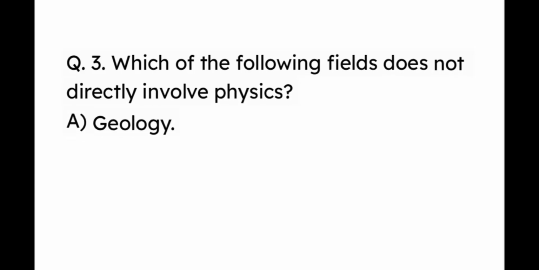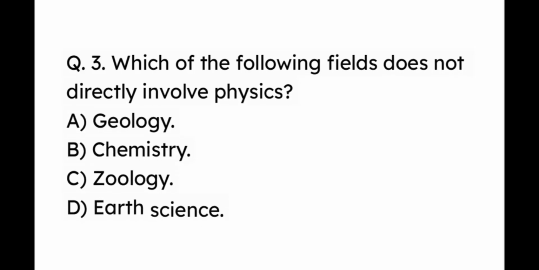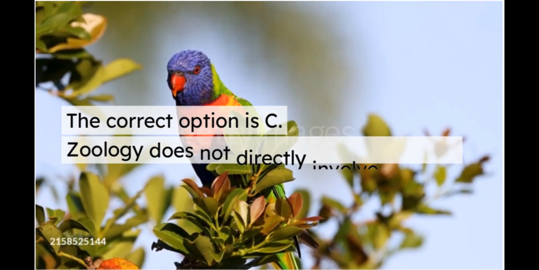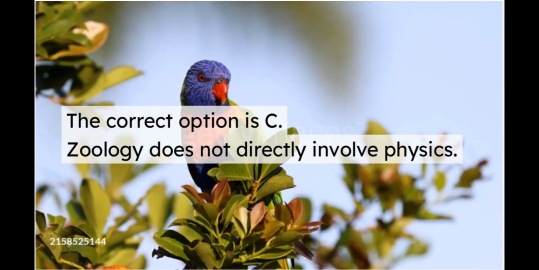Q3. Which of the following fields does not directly involve physics? A. Geology. B. Chemistry. C. Zoology. D. Earth science. The correct option is C. Zoology does not directly involve physics. Q4.